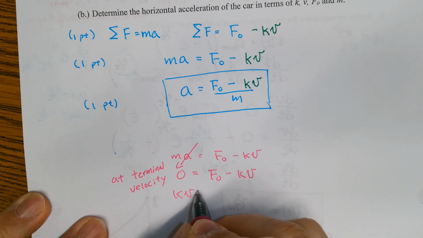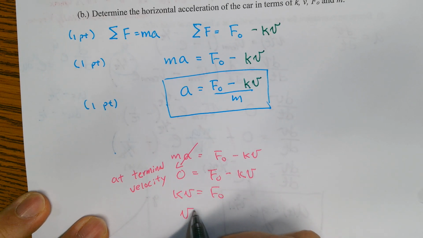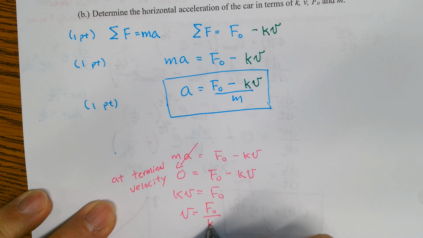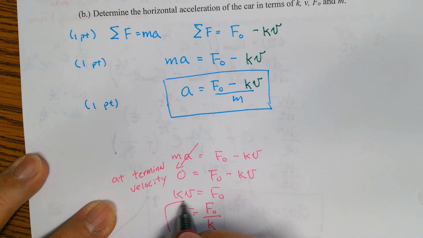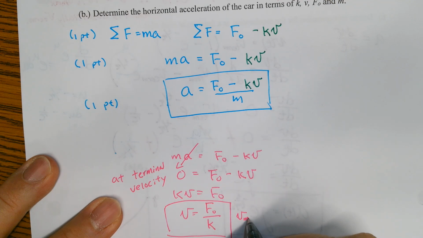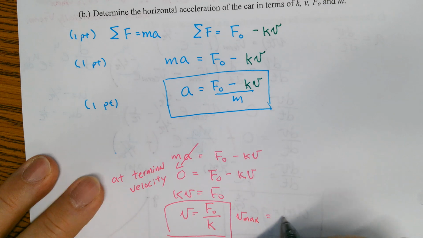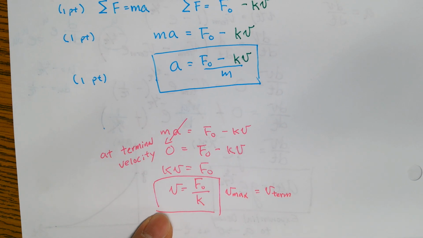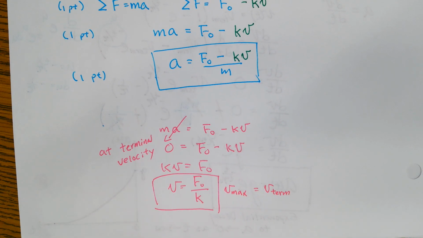So kV is equal to F naught, and v is equal to F naught over k, and this is your v max, which is also equal to the terminal velocity, right? So even though they didn't ask you this, it might be a good idea to know that.